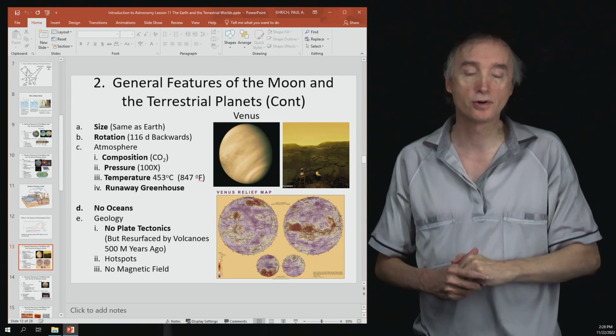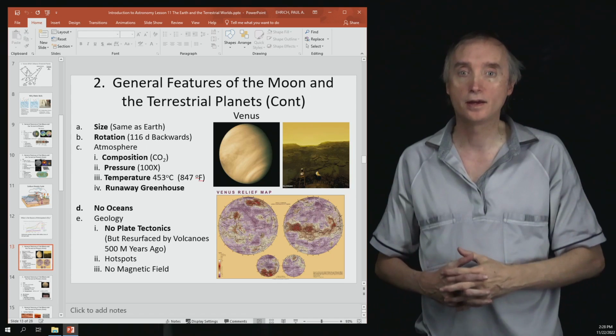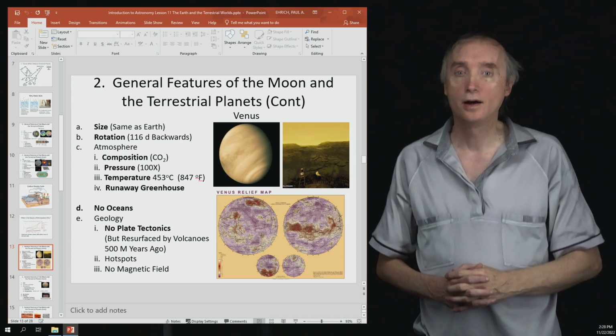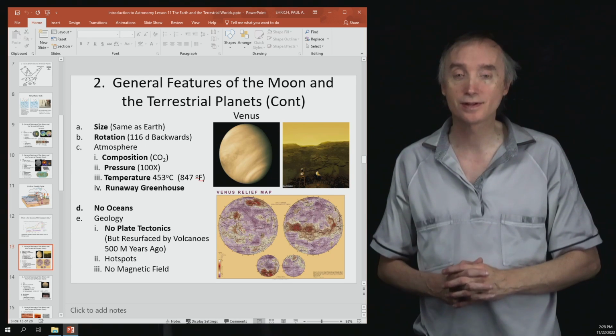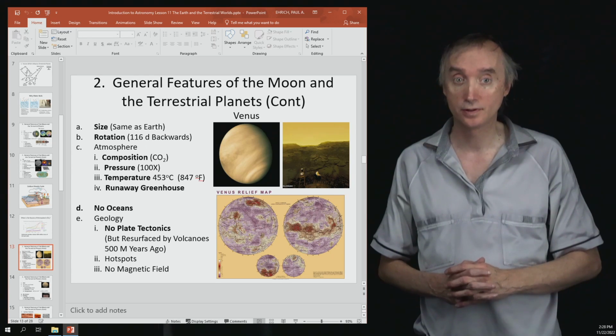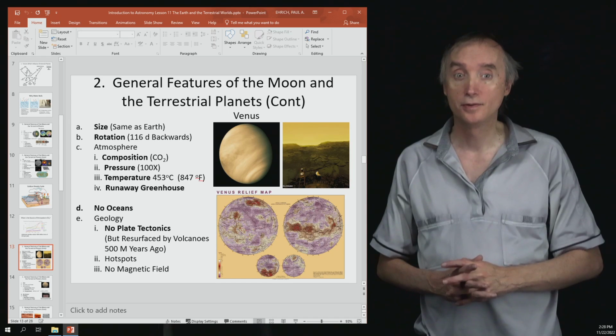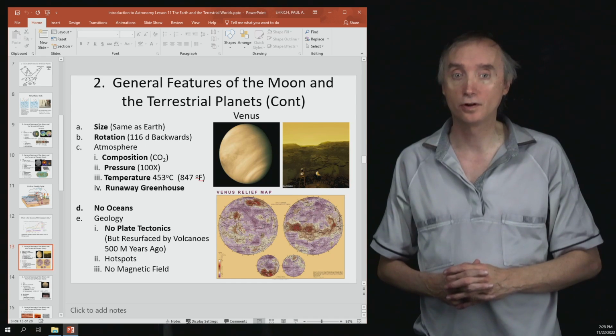So we're not quite sure as to which thing happened there. It rotates backwards, and one day takes 116 Earth days. So that means that when the sun comes up, it's up for a long time. And when the sun goes down, it's down for a long time.